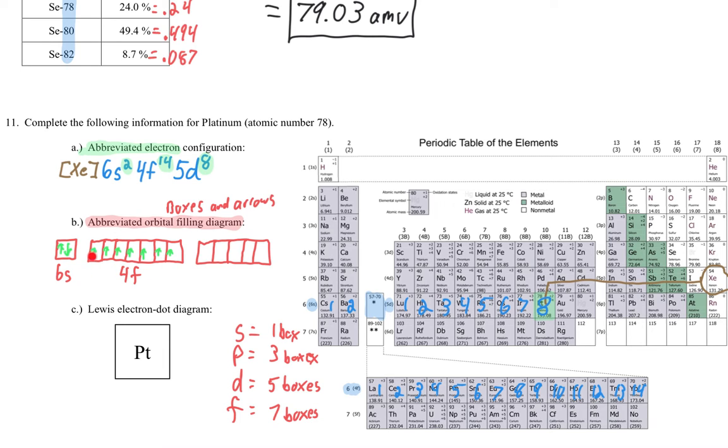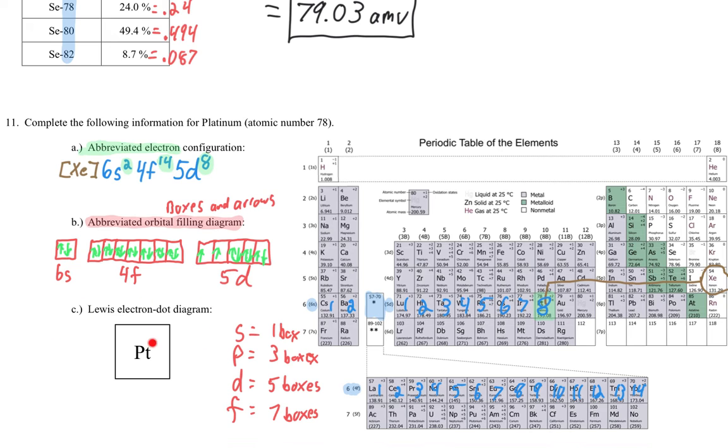So the up arrows were the first 7, and then 8 through 14 go and double up. For 5D, I got to put 8 arrows. The first 5 split up real nice, and then the last 3 start to team up. Right, and this is all happening in that 5D orbital.